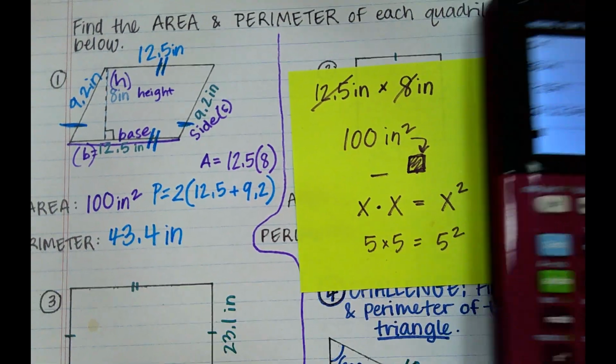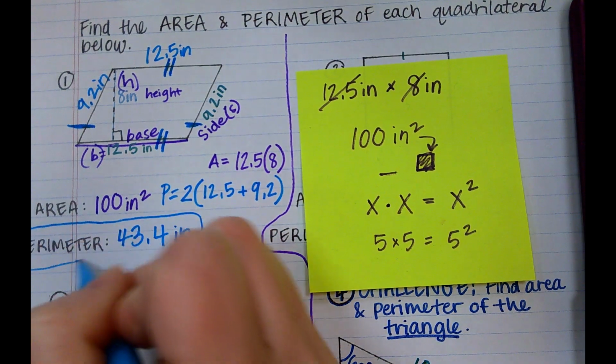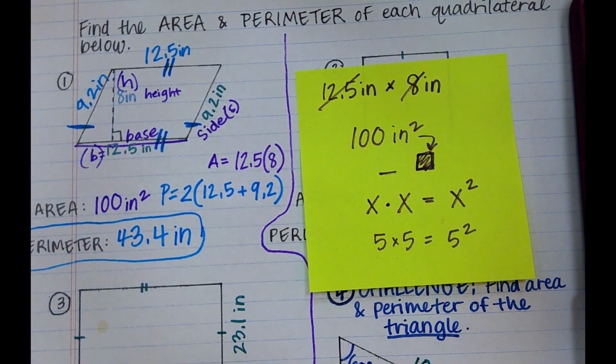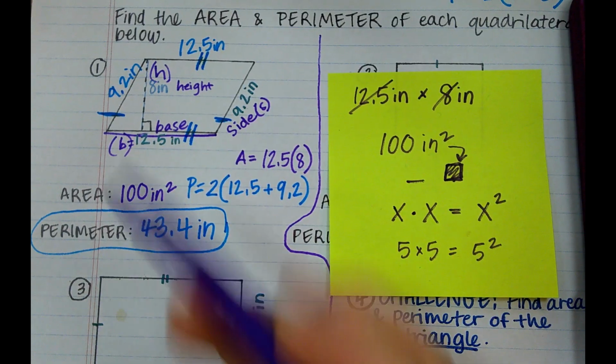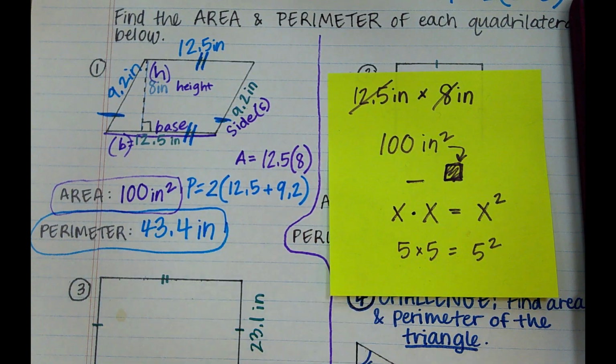You get the same thing? It always means times. 43.4. Yeah, that's it. Good.